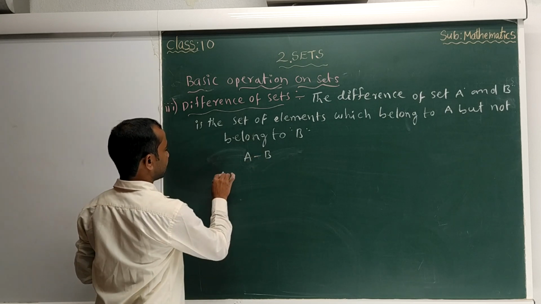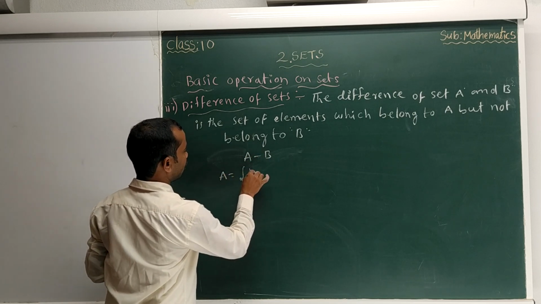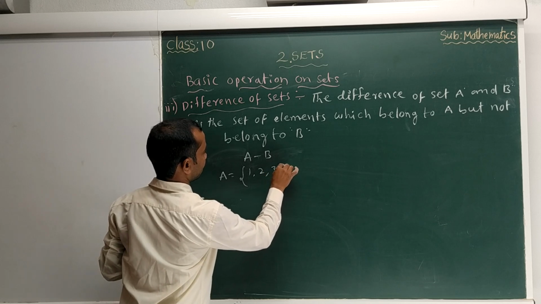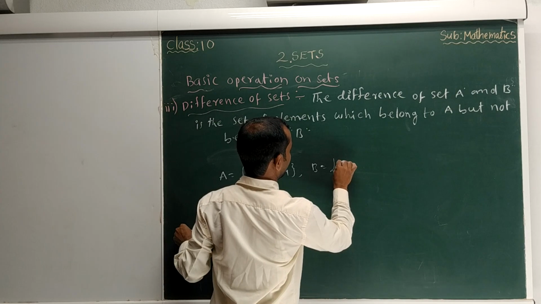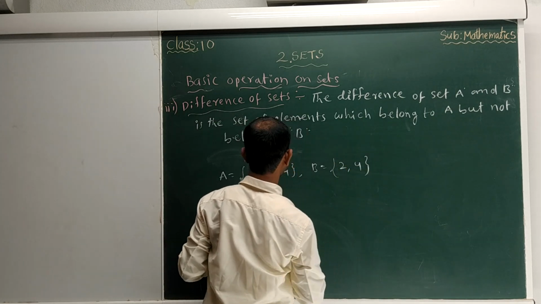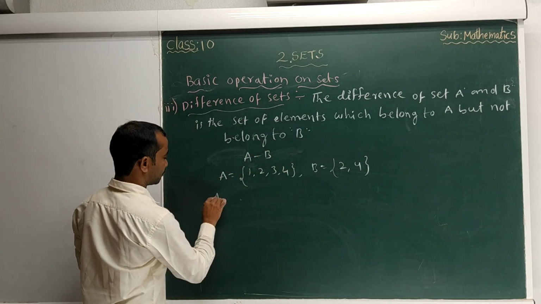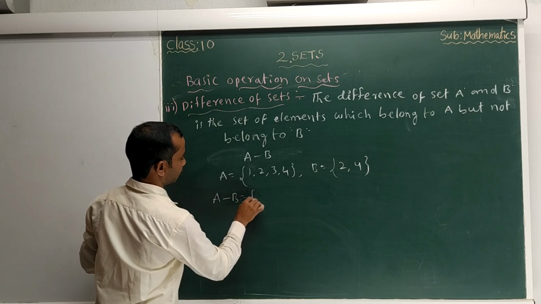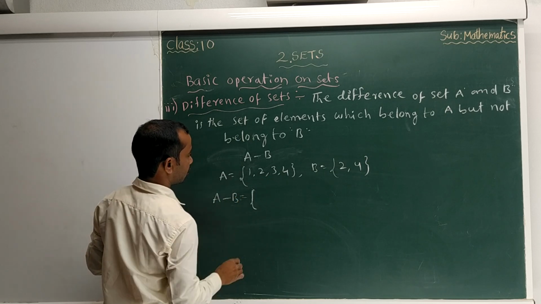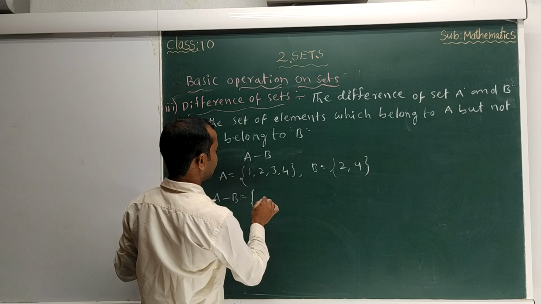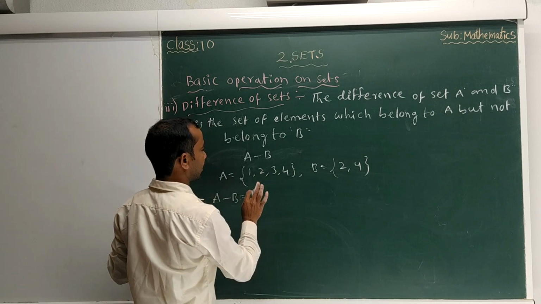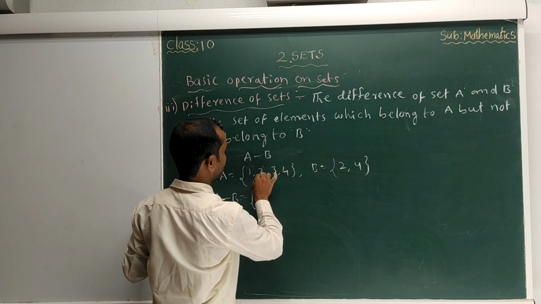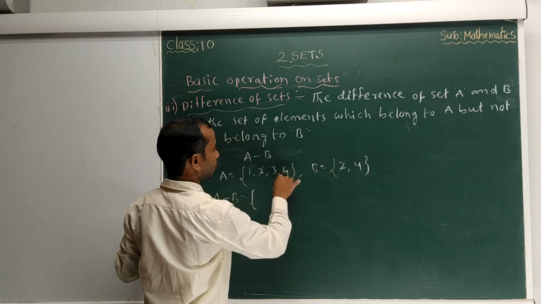For example, set A is {1, 2, 3, 4}, set B is {2, 4}. So here A minus B equals, we write only set A elements. We cannot write the common elements, here 2 and 4.